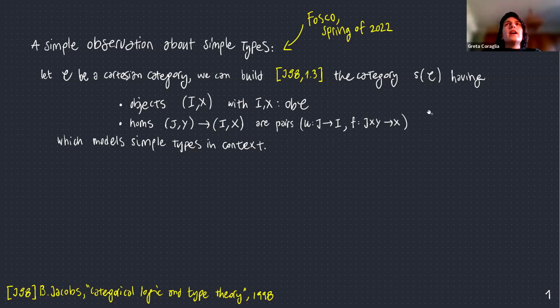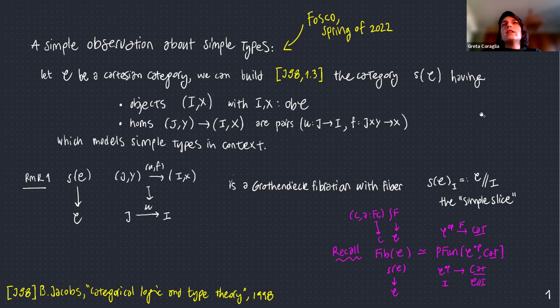And this category was actually introduced to model simple types, as modeling types is the purpose of the book. But already in the book, Jacobs noticed something quite interesting. Out of a Cartesian category, you can build this SC, and in particular, if you forget the second component, the functor that you get is actually a Grothendieck fibration.